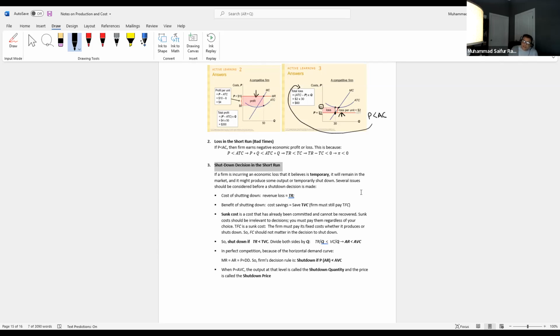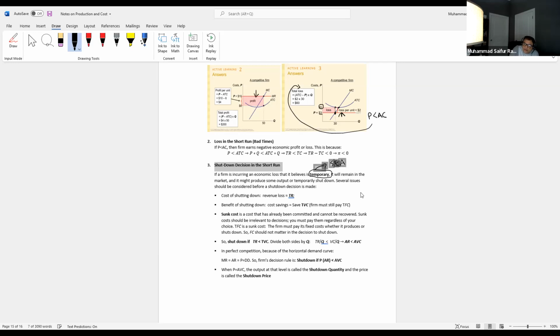Let us think about a scenario where our firm believes that the economic loss they are making is temporary. What does it mean? Sometimes there can be market fluctuations, like seasonality, where sometimes the profit level goes down.